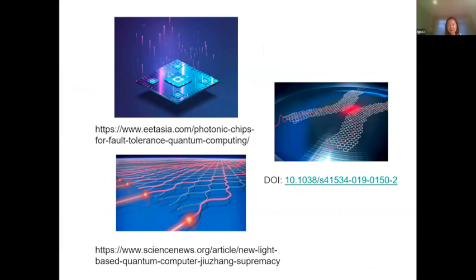So here are some images I have taken to show you these photonic chips for fault-tolerant quantum computing, using light as the information carrier instead of electrons.